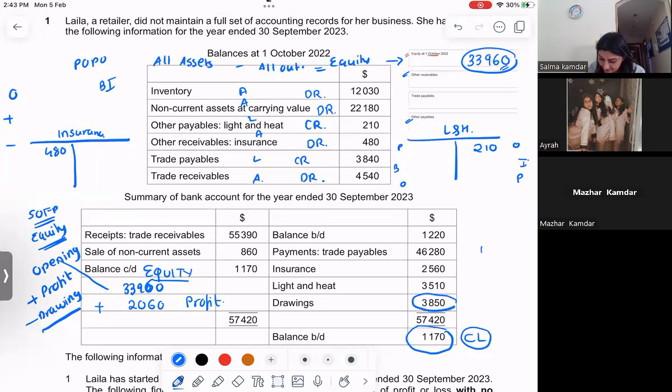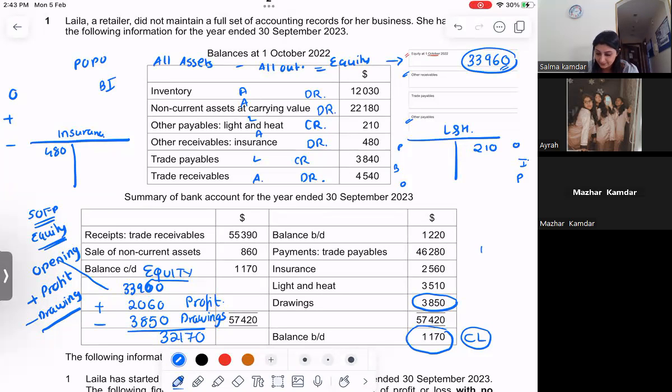Yeah, they've given you 3850. So do I have my closing equity? How much? 32170. I have my closing equity as 32,170.